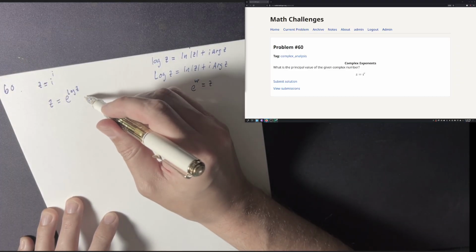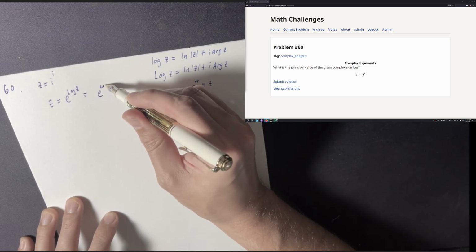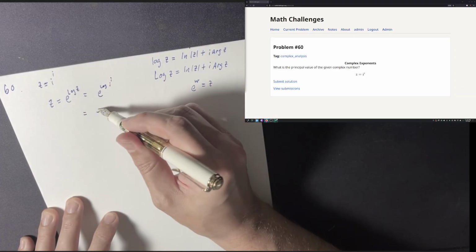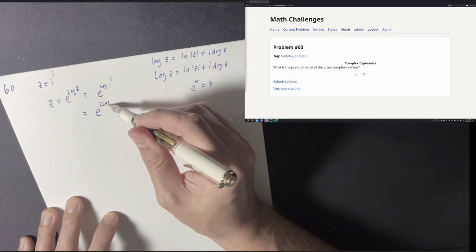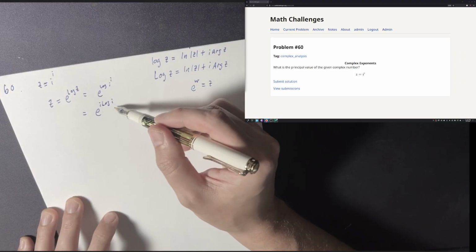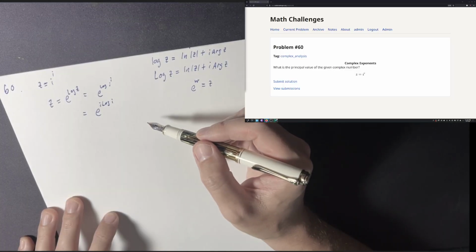Right. So anyway, we've got e to the log i to the i. You can pull the i down and get e to the i log i. So now we're just focusing on what is log i, and the rest of it should be pretty smooth.